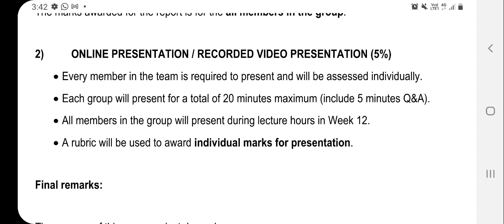So you remember, during the presentation, if you have 3 team members, every member has to present. And then marks will be given separately. Each student will get their own marks. It is not like an average for everybody, no. Different students will get different marks.